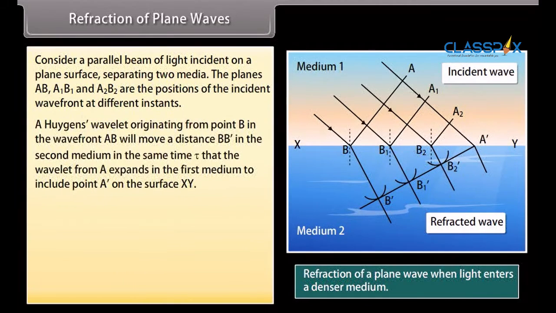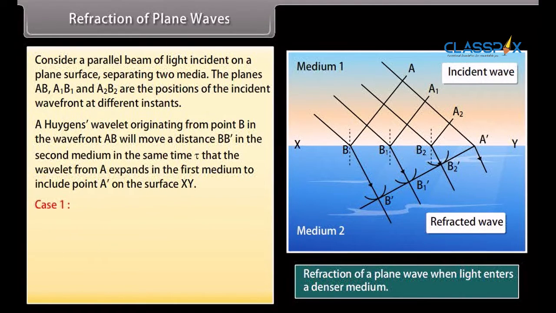A Huygens wavelet originating from point B in the wavefront AB will move a distance B in the second medium in the same time that the wavelet from A expands in the first medium to include point A on the surface xy. Since the two wavelets have radii A and B are not in the same medium, they move with different speeds, say v1 and v2 respectively.